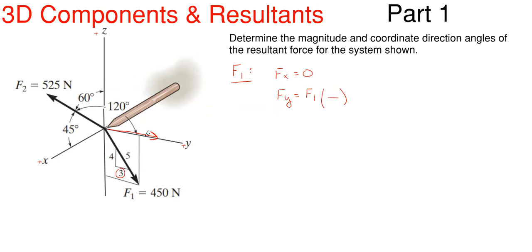We're looking at the y, which is somewhat horizontal, and the 3 on this triangle is horizontal, so that would be our numerator. Our denominator will be the hypotenuse of that right triangle, which is 5. Plugging in for F1, we have 450 newtons times 3/5, and that gives us a total of 270 newtons in the y direction for F1.